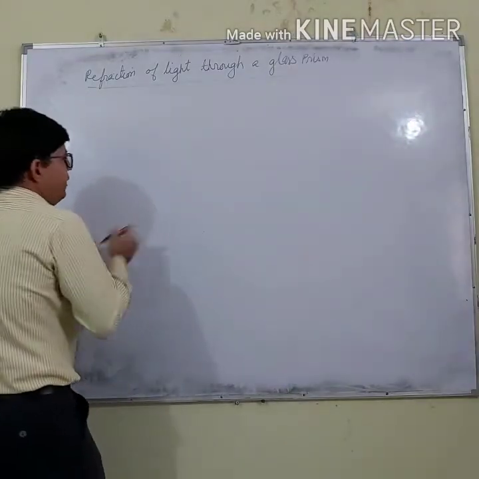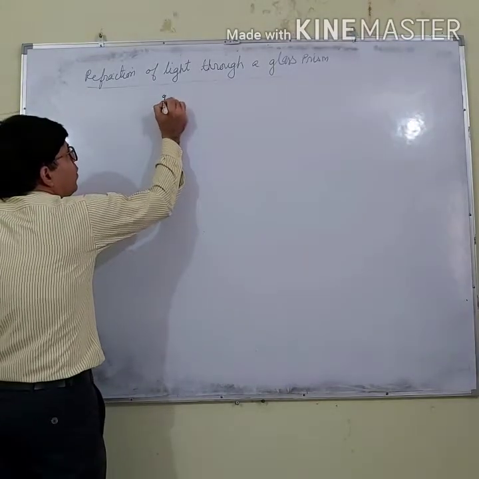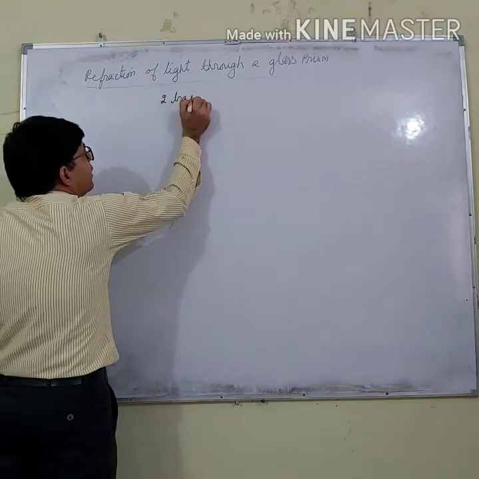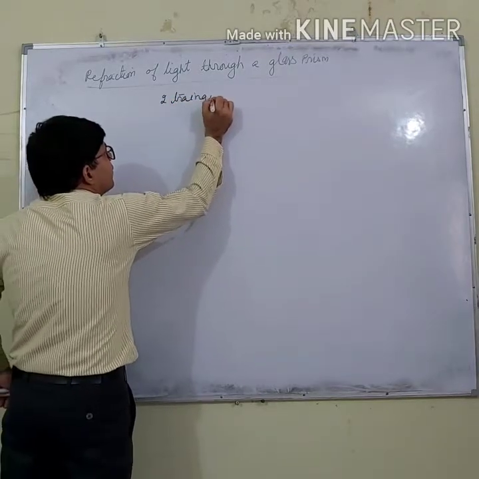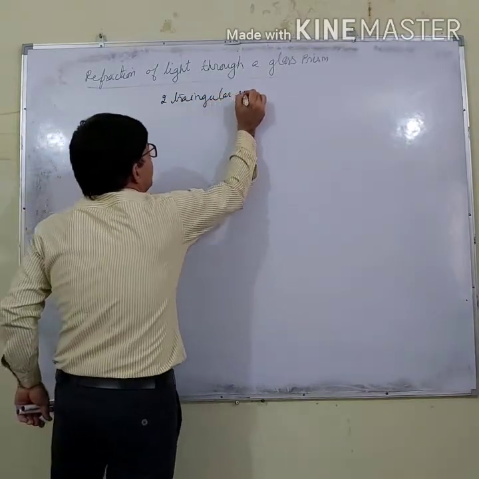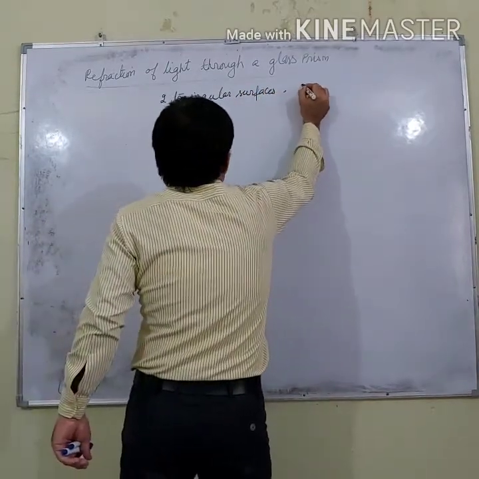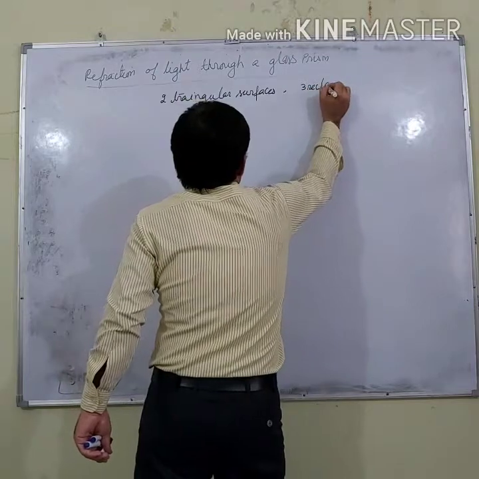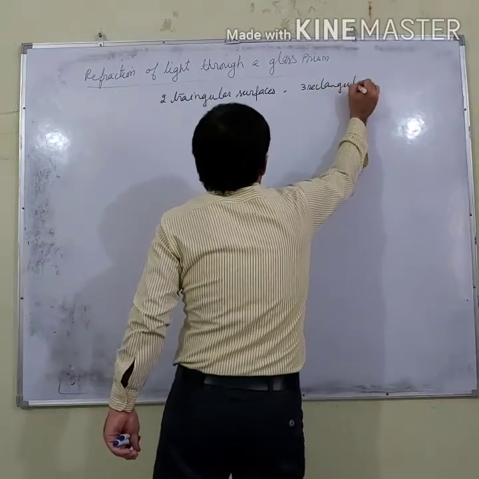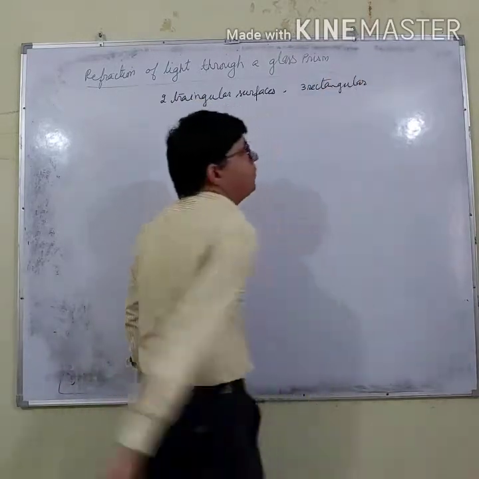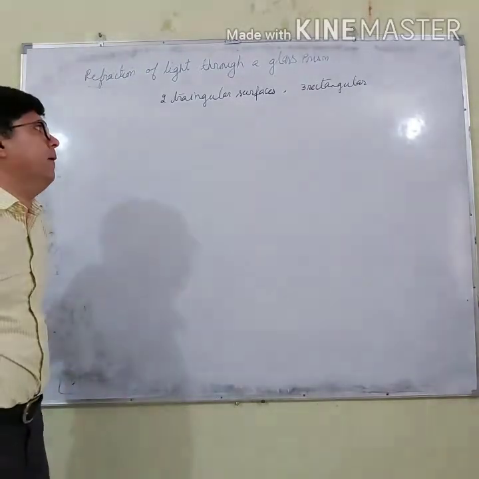So a glass prism has 2 triangular surfaces and 3 rectangular surfaces, right?